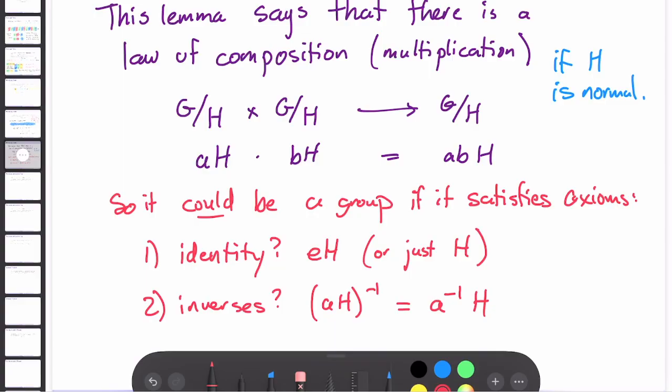So in some sense, the reason why it's a group is because we have this very, very strong compatibility. It's not just that we have some random law of composition on the set of cosets. It's very, very compatible with the group structure upstairs, right? And so the group structure upstairs somehow comes down and imposes a group structure on this collection of cosets.